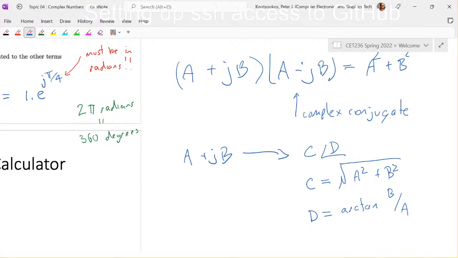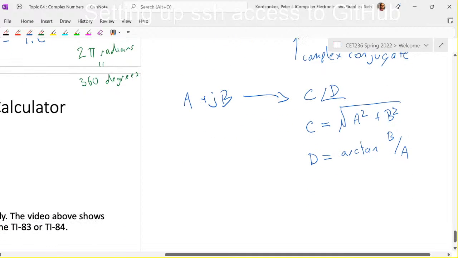So the angle you will get is only in the right half plane. If you're using MATLAB, there's a function called atan2, which takes 2 arguments, and that will give you a full 4 quadrant angle.